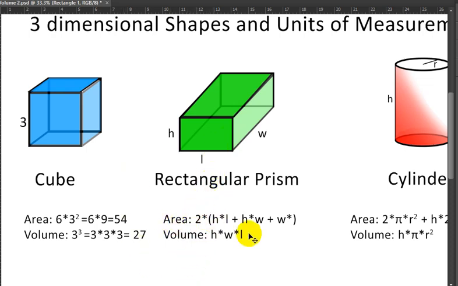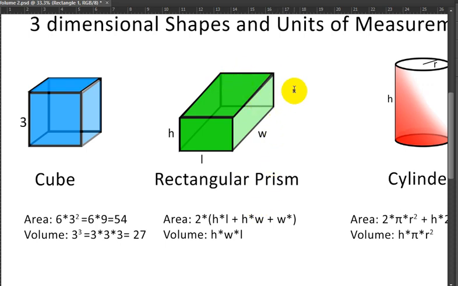So to find the area, I just need to find the area of each rectangle and add them all up. For example, the area of the front face, the front rectangle, would be h, the height, times L, the length. But it's also the area of the back rectangle because they're the same.